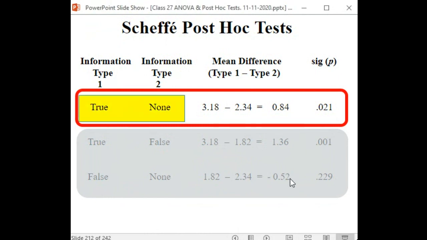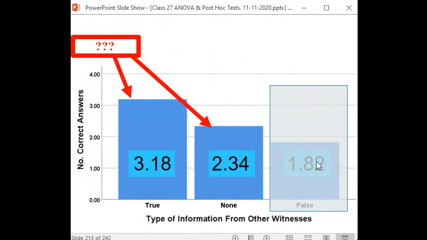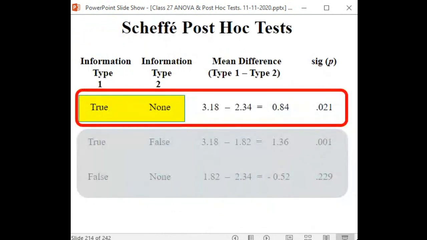This row is comparing the students who were given true information when answering questions and students who were given no information when answering questions. So these are the two groups being compared. The mean number of correct answers was 3.18 for students given true information and 2.34 for students given no information.